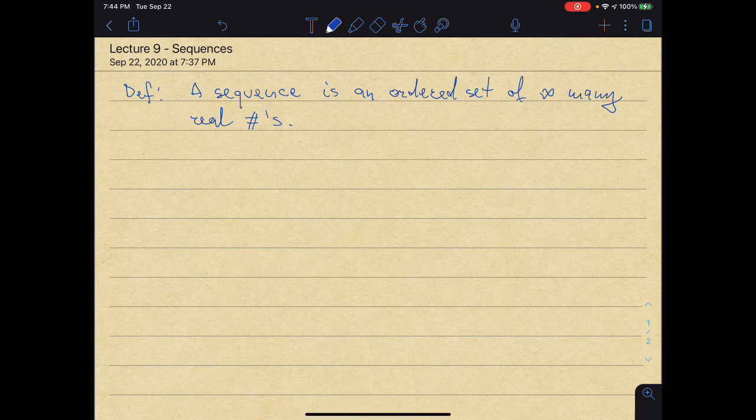So let's give a couple of examples. Typically, if we're describing a set, then we put elements of a set in the brackets. So let's say, for example, something like this: 1, 2, 3, 4, 5, 6, etc. This is a sequence.